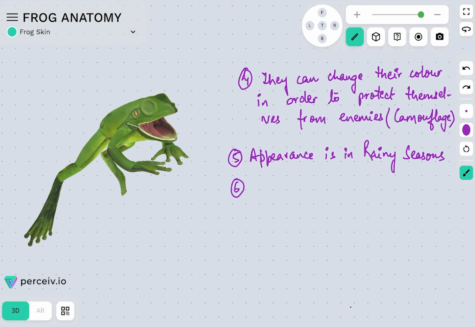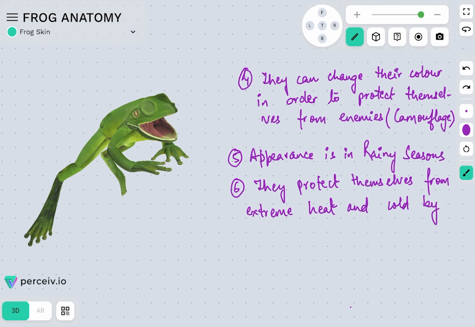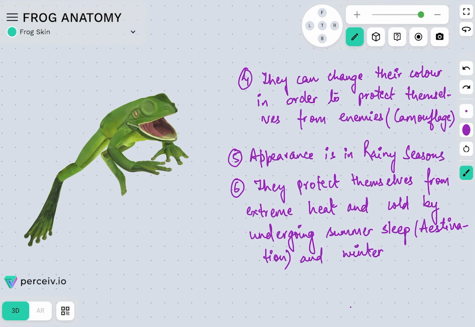So these frogs have an ability of protecting themselves from the extreme heat and the extreme cold by undergoing summer sleep, which is called aestivation, and winter sleep, which is actually considered to be the hibernation process.